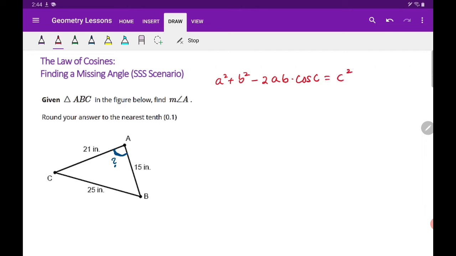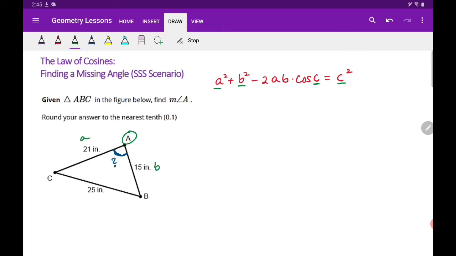So A and B are the given sides. C is the angle in between A and B, and C squared is the side opposite angle C. So here, although A is named as A, actually that's our C in our formula.